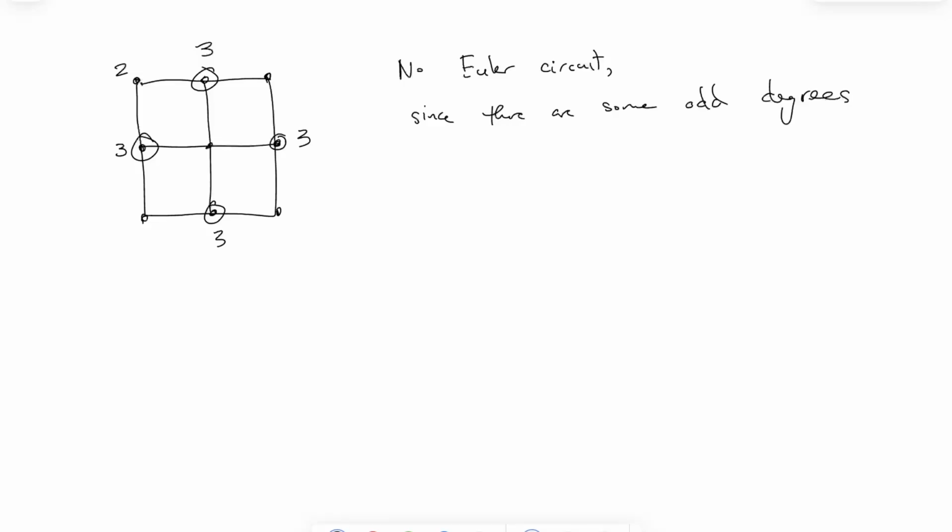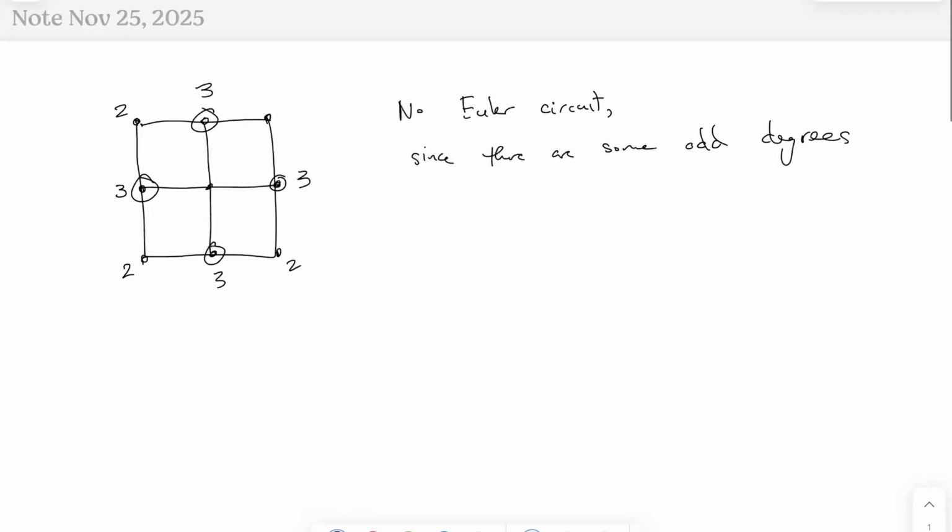The other ones are even. The others are like 2 around the edge, and then there's a 4 in the middle. But those guys on the side are all 3. Those being odd means there is no Euler circuit. Remember, the rule is there is an Euler circuit if and only if there's no odds at all. They're all even. So there are some odd degrees here, which means there's no Euler circuit.